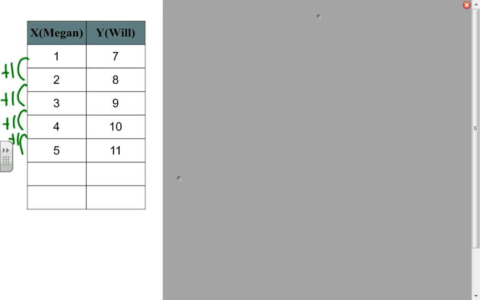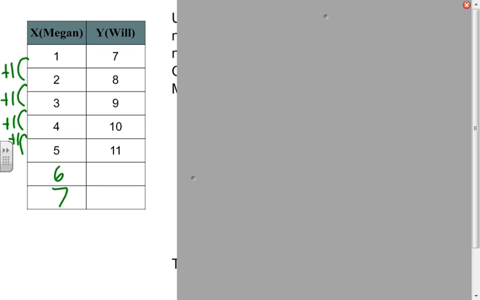So the next number in Megan's list is going to be 6. And the number after that is going to be a 7. Will's pattern is also going up by 1 each time. That pattern will also continue. So his next number is going to be 12, and the number after that is going to be 13.